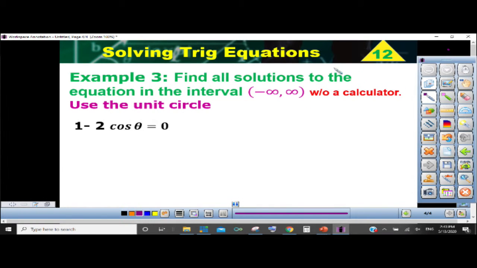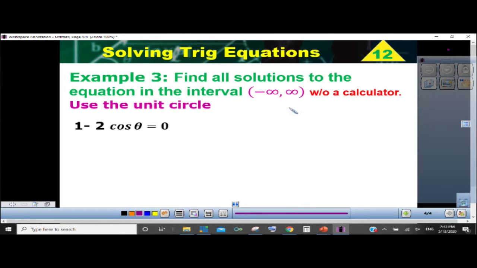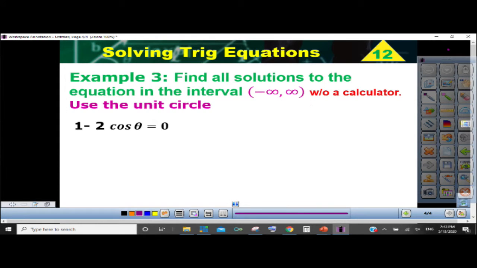Okay, find all the solutions to the equation in the interval from negative infinity to infinity, obviously not including them because you can't really hug infinity. It's too big. And without a calculator again, yes, don't worry. We're not going to use a calculator today. Do not worry, those of you who are calculator freaks. I know some of you. I could name names, but I'm not going to do it. Anyways, so it says without a calculator, and I would definitely use the unit circle.